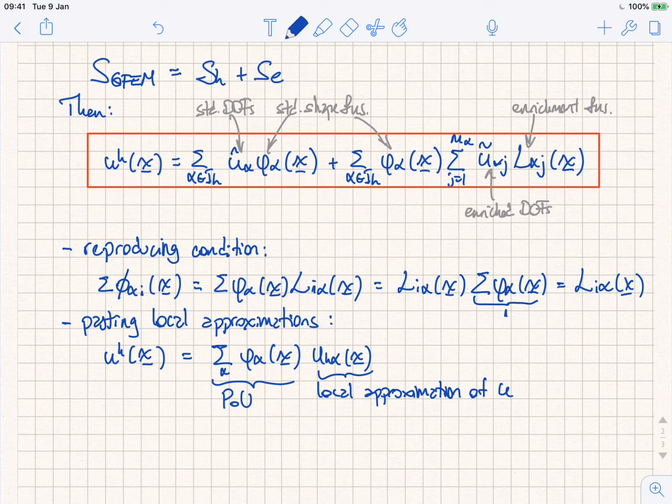Now, if the enrichment that you provide to the approximation is not useful, what's going to happen to the associated degree of freedom? Yeah, Galerkin, to the rescue, is going to tell us, well, that enrichment that you added is really not that important for our problem. By minimizing the error with respect to the space of functions that we're using, it's basically going to get rid of that enrichment because it's really not used.